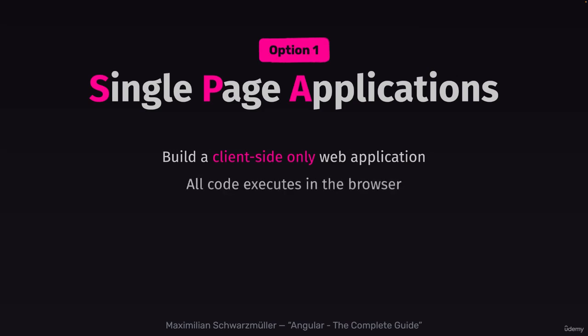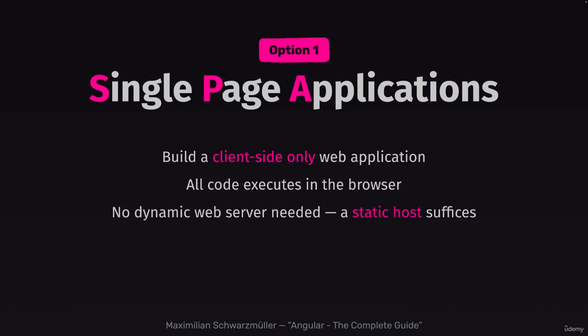So all this compiled and optimized application code executes in the browsers of our website visitors, and therefore we don't need any dynamic web server. We don't need a web server that would be able to execute code on it. We don't need to run any Node.js or PHP or any other code on that server.